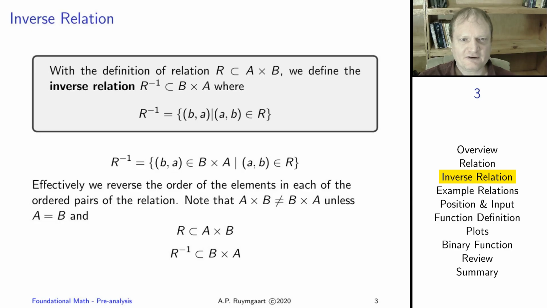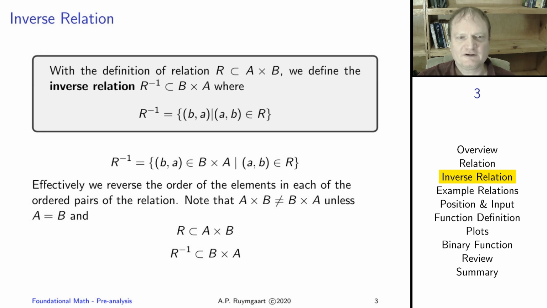With the definition of a relation between two sets A and B, we can also define the inverse relation. So we saw a relation is simply a subset of the Cartesian product A times B, which is a set of tuples (a, b). And now we can use that to define the inverse of that relation. In order for the inverse to exist, the relation has to exist.